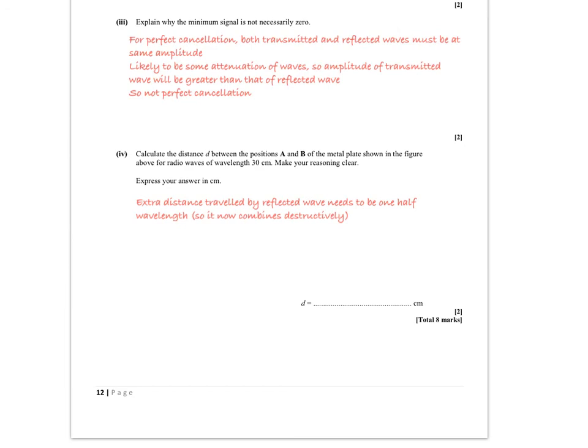However, if you think about what's happening when you've got that metal plate, the extra half wavelength path difference that you need needs to be made up by hitting the plate and coming back again as well. And so, because of that reflection, the distance from A to B is a quarter of a wavelength, so that the reflected wave, if you like, travels an extra half a wavelength. And so AB is a quarter of 30 centimetres, so 7.5 centimetres.